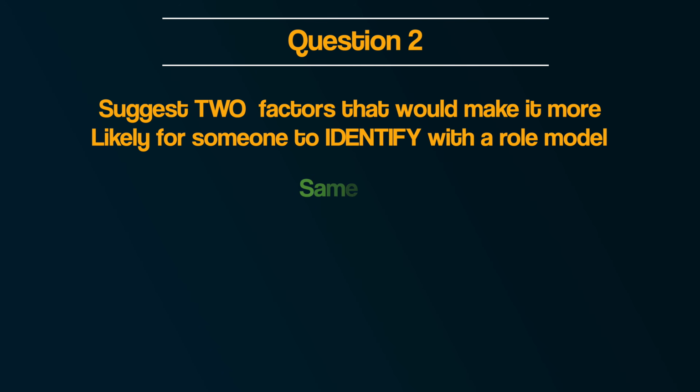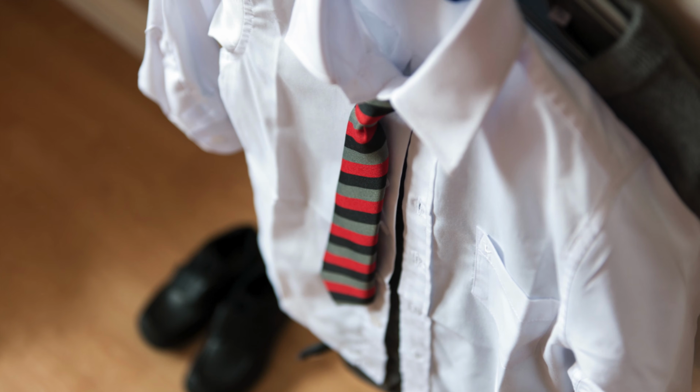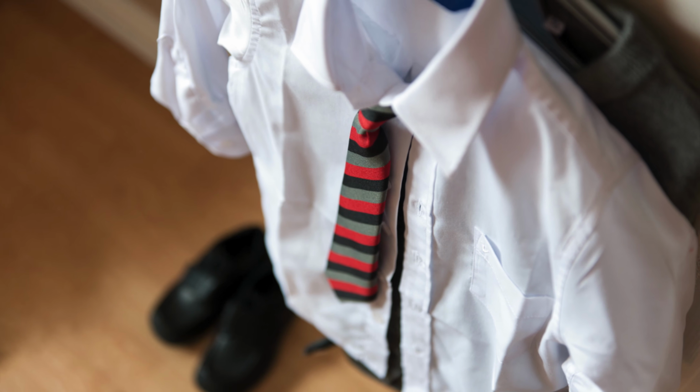Question 3. The head teacher of a school is concerned about the poor behaviour of the Year 9 boys, particularly in terms of how they wear their uniform. Explain what is meant by vicarious reinforcement and suggest how the head teacher might use vicarious reinforcement in 2 different ways to improve the behaviour of these Year 9 boys.